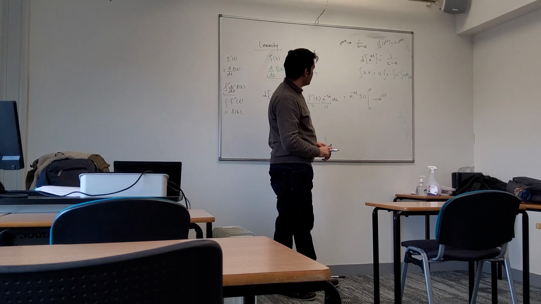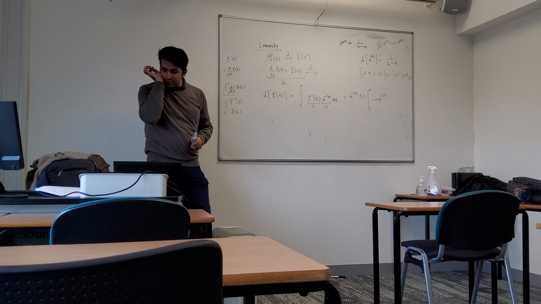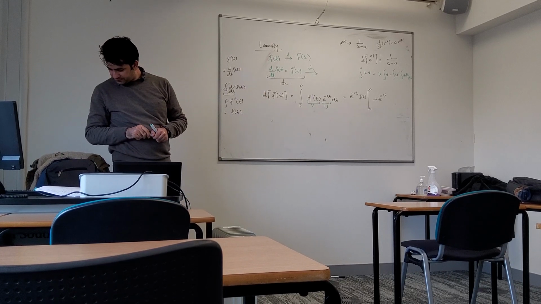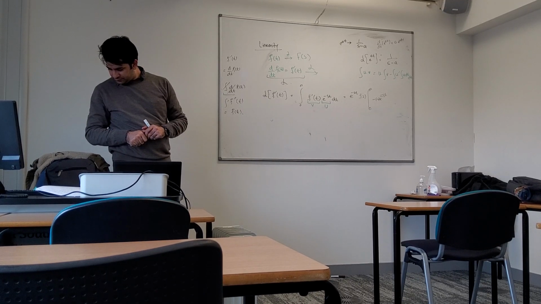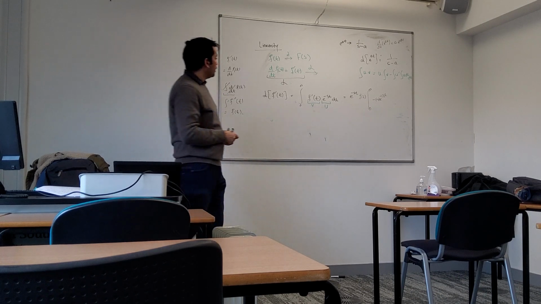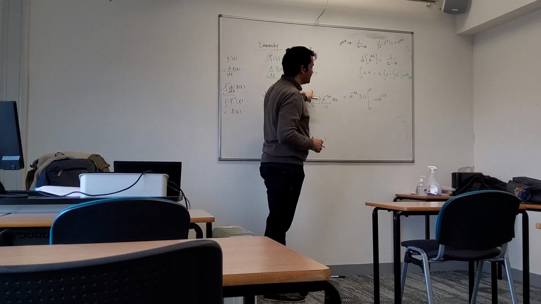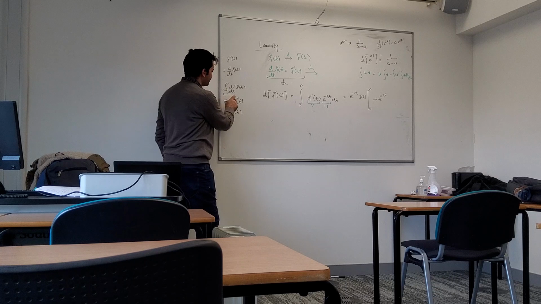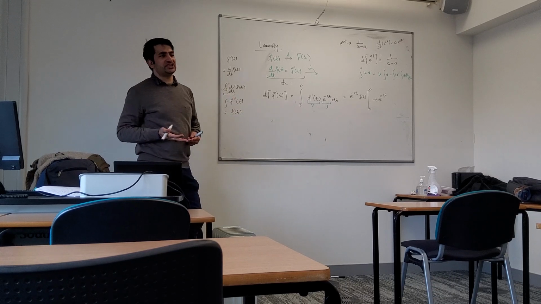Now the next step is that we need to take the integration of v. When we take the integration of v, the integration cancels the derivative. Integration and derivative are opposite to each other, so they cancel each other.